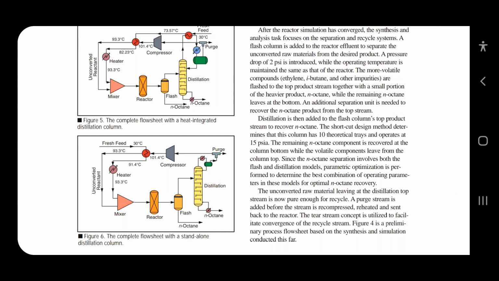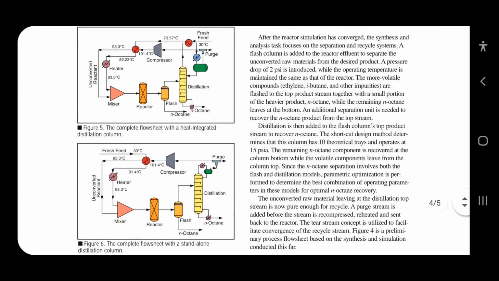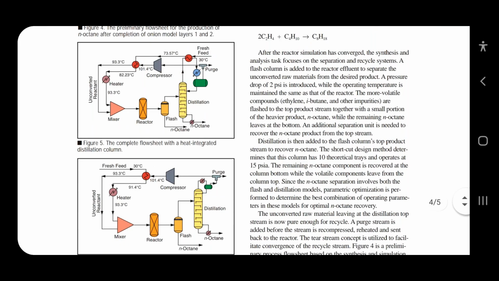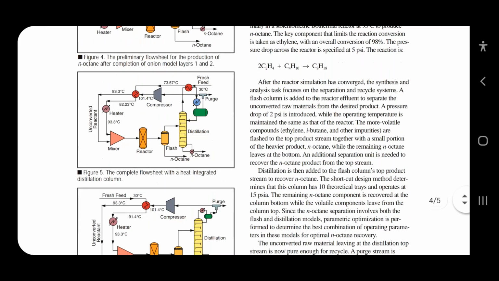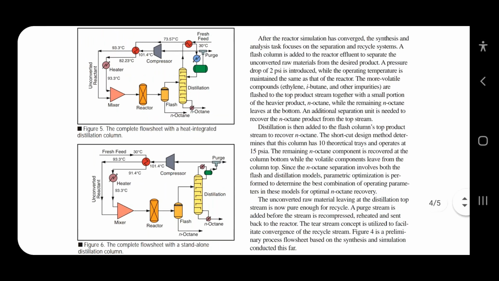You have to see first at what conditions your distillation column operates, what the temperatures and pressures are. Also you have to consider the phase, which type of phase is there, liquid phase, gas phase, or solid phase. So it is based on the onion diagram. Here there is a reactor, separator, then heat exchange network, and the last part is the utility system, where you have to use the heater or cooler.